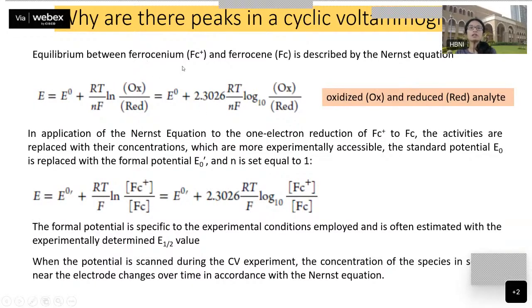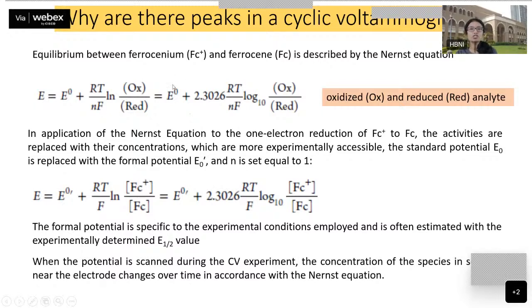The equilibrium between ferrocenium and ferrocene is described by the Nernst equation, which we had already discussed in the first class. If you apply the Nernst equation to this one-electron reduction of the ferrocenium ion to ferrocene, the activities are replaced by concentrations, which are more experimentally accessible.